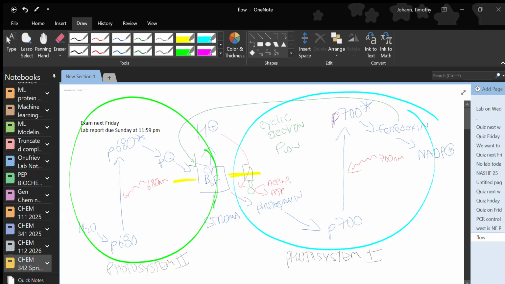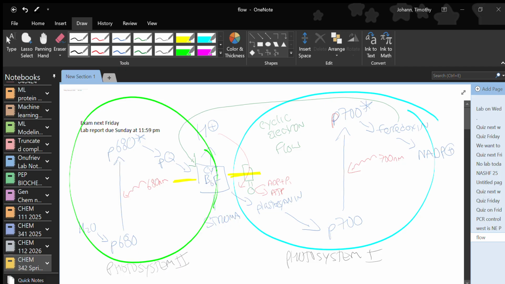I have to get 2 electrons to NADPH, NADP making NADPH. This has got to be a 2 electron process here. So some of these things are 2 electron processes, but these are 1 electron processes right here.